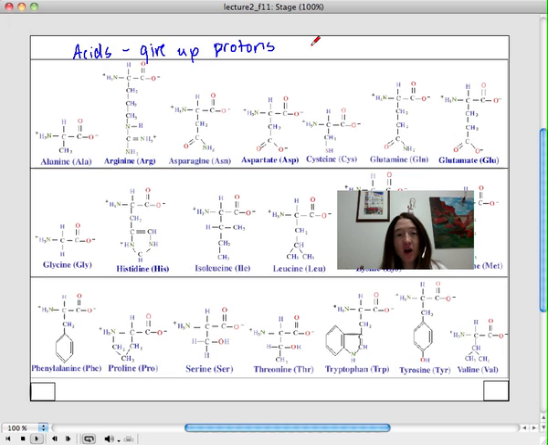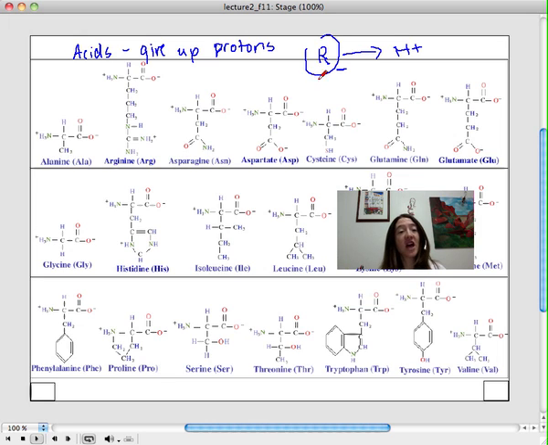So if we have an R group that gives up a proton and loses that proton, then that R group itself is going to become negatively charged. That is because we're looking at neutral pH, that is biological pH within our body.